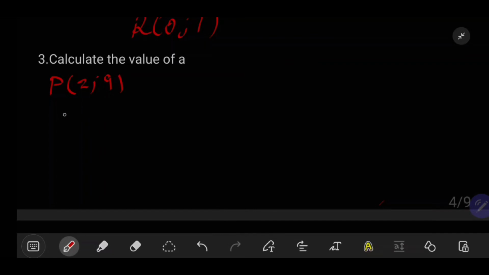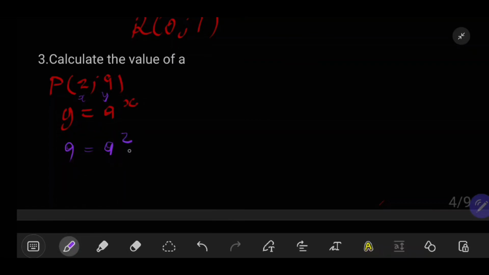And then we have our function y is equal to a raised to exponent x, where these are our coordinates. This is x and this is y. So where we see y, we're going to put 9, and where we see x, we're going to put 2. So it means we have 9 is equal to a to the power 2. How do we deal with this?